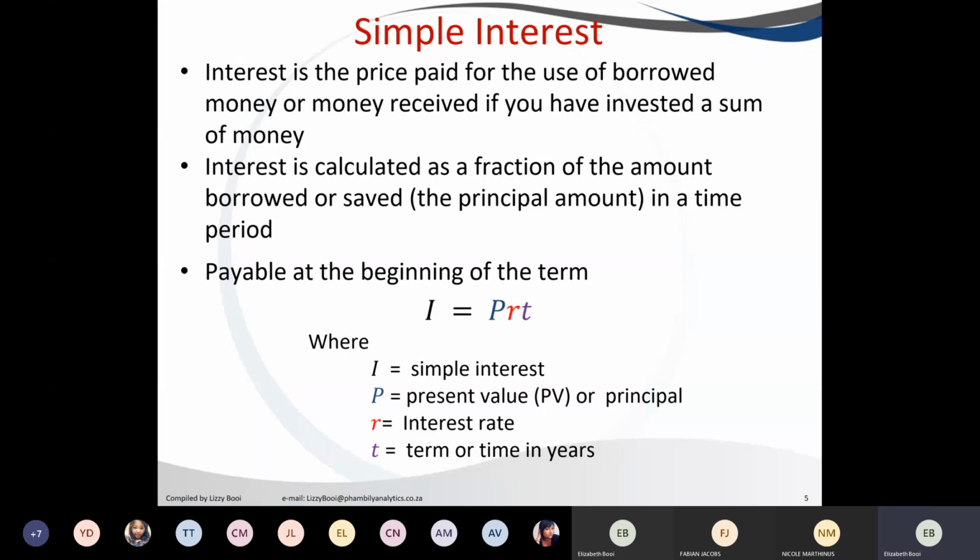And that's how you convert it back to a year. There will be scenarios, for example, when we do the compound interest, where you don't have to remember to convert because it will have already been compounded. But for simple interest, you always have to convert it to a year.